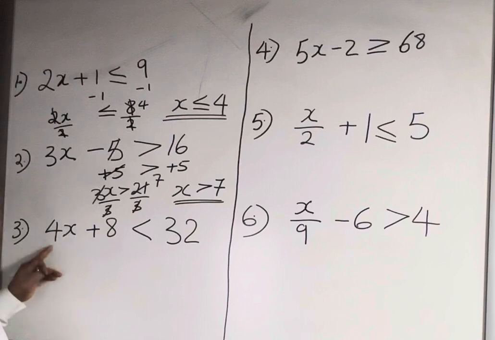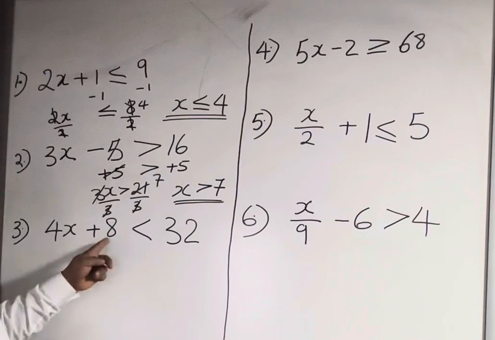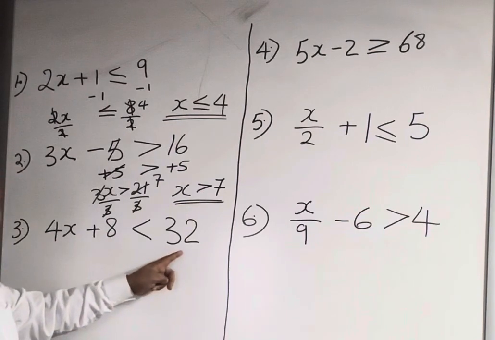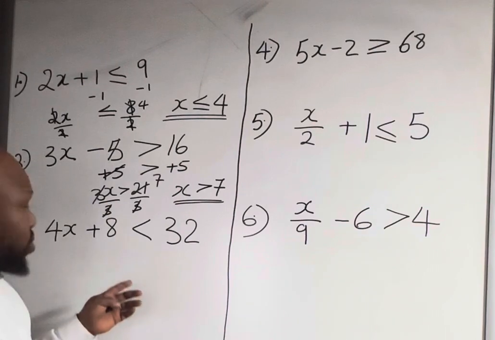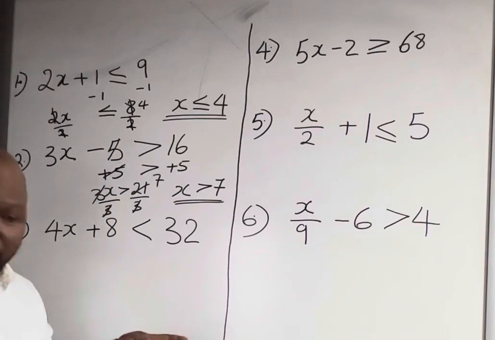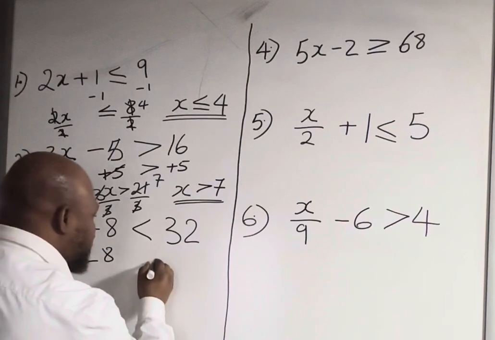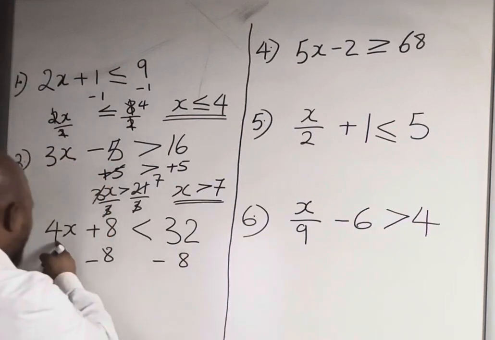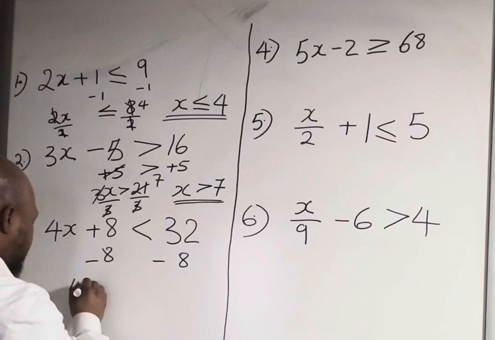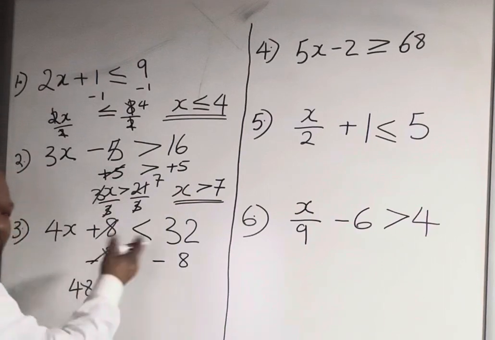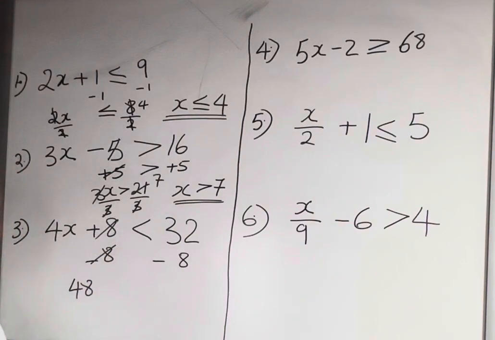It says 4x plus 8 is less than 32. We will first of all minus 8 from both sides. If you minus 8 from this side and you minus 8 from this side, you have 4x, because 8 will cancel out 8, plus 8 minus 8 is 0.